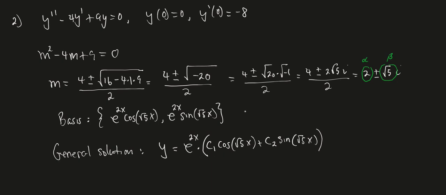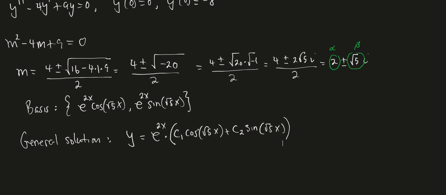So now if we want to go ahead and find the particular solution, right, that satisfies these two initial conditions, I do need the derivative, which means I have to find the derivative of this. So it gets a little messy, but having it factored like this is helpful. I just need to apply the product rule once, right?